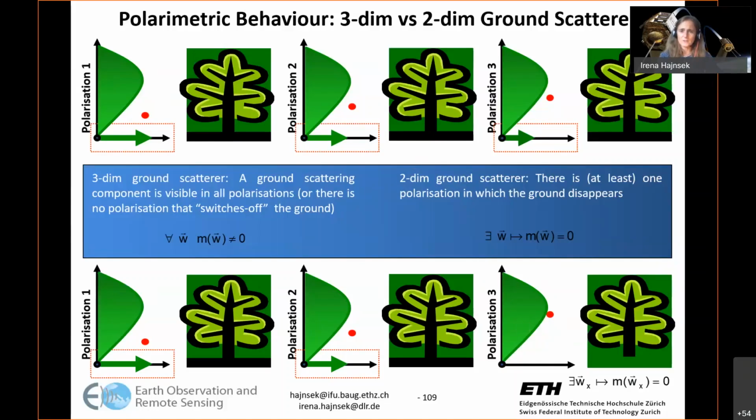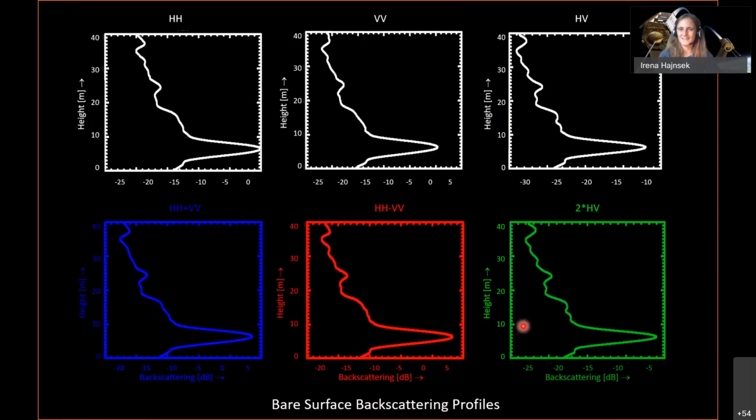I'd like to show you how this really looks in reality. These are not modeled plots, but real plots from a tomographic acquisition. To orient you a little bit, what you see is the height, and here the scattering intensity, the f of z in dB. You have a very strong contribution on this lower part, for each of the polarizations and also for the Pauli scattering vector.